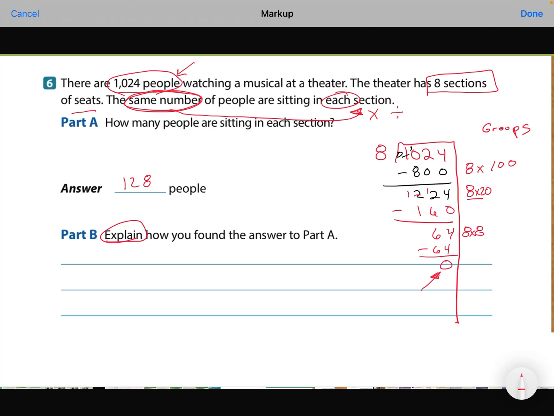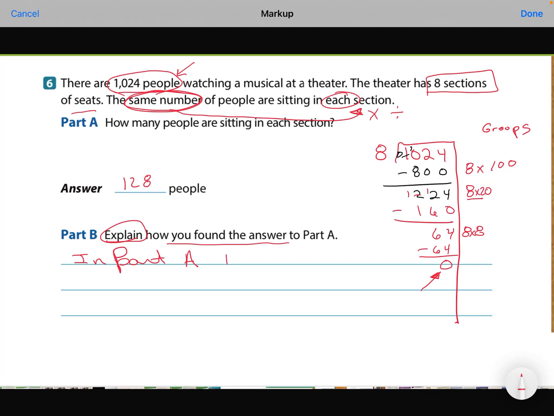Okay? Explain how you found the answer to part A. Explain. I want a sentence here. Okay? We're going to restate this. In part A, oops, I should make that capital.